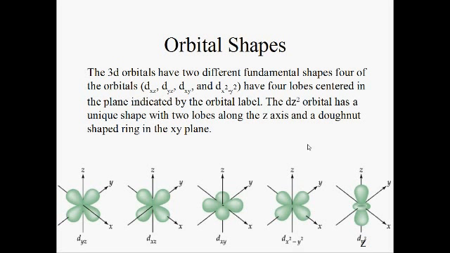And when we go up to higher d orbitals, like 4d, we're going to do as we did before. We're going to add a layer inside each of the current lobes. So each of the current lobes will become a double lobe.